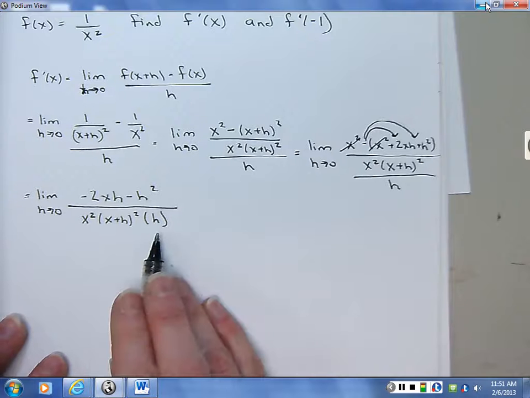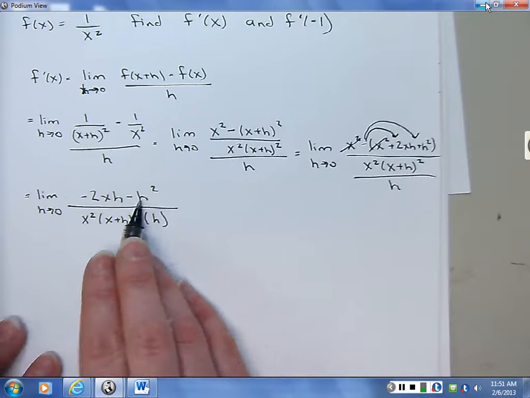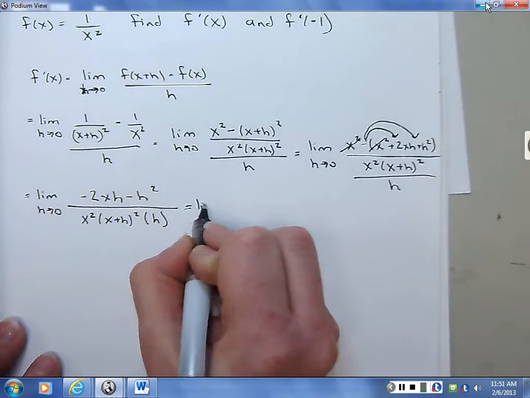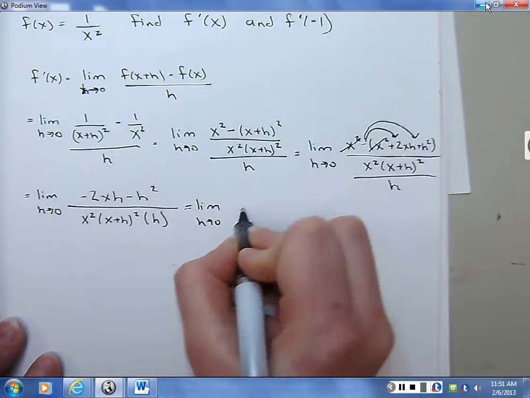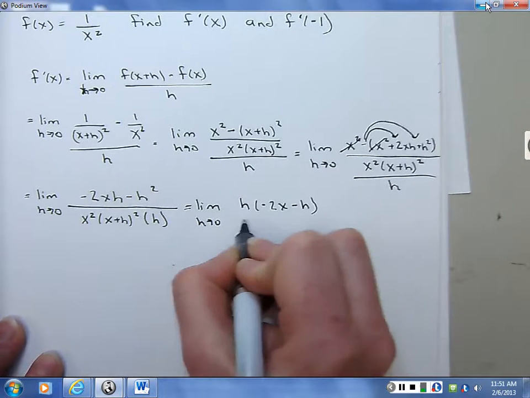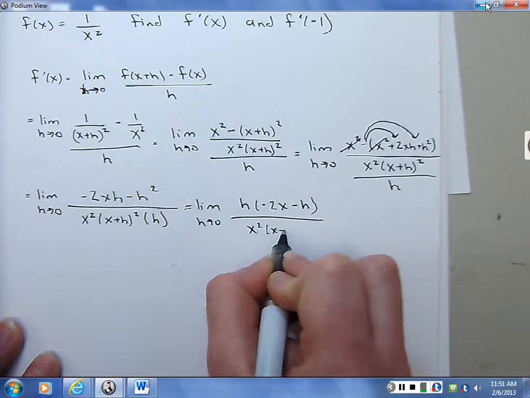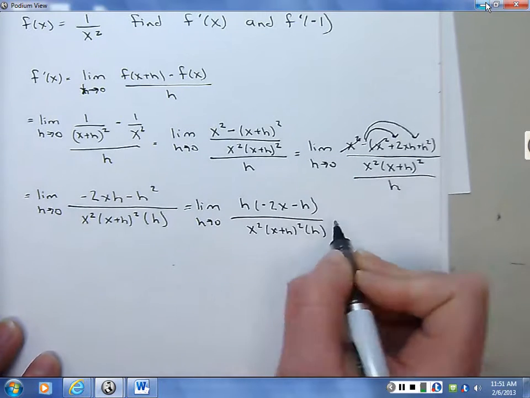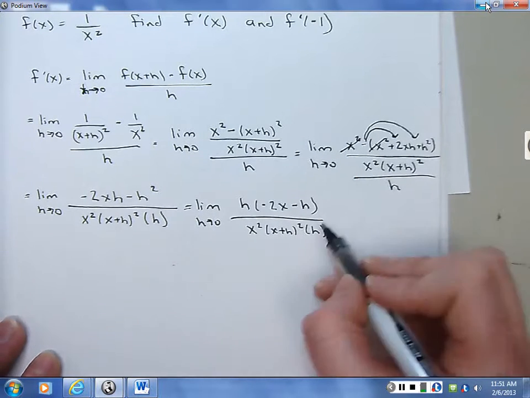This h is giving me the problem. So factor out an h. I have minus 2x minus h over x squared, (x plus h) squared, times h. And running out of time, the h's cancel.